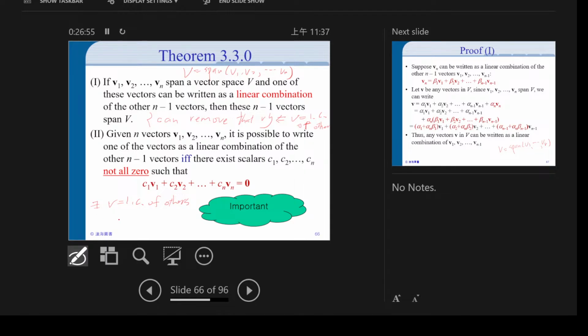So this condition here holds if and only if we have this dependency relation that we are going to talk about a lot in this chapter. This is the most important equation: the sum of CiVi equals 0 has a non-trivial solution.